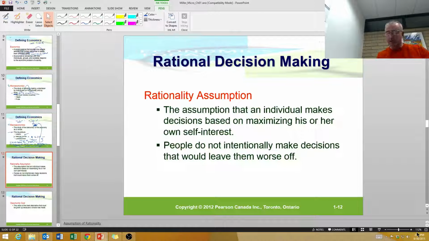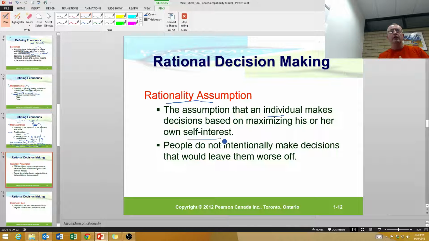One of the assumptions is that when people make decisions, whether it's the individual household deciding to sell resources or buy products, or companies deciding to buy resources from the households, people make decisions on the basis of furthering their self-interest.